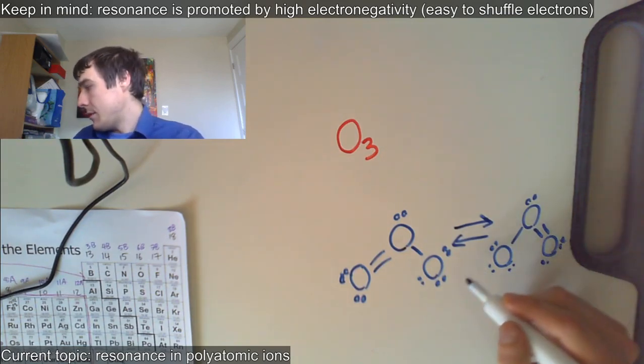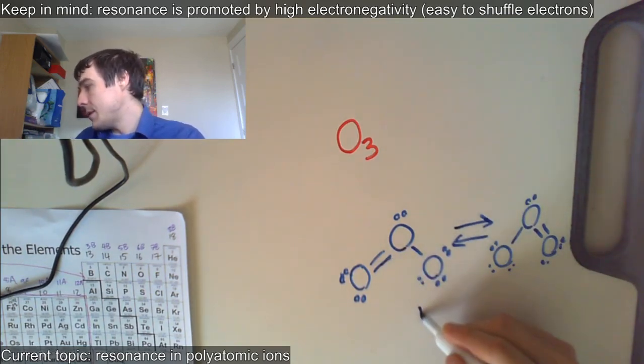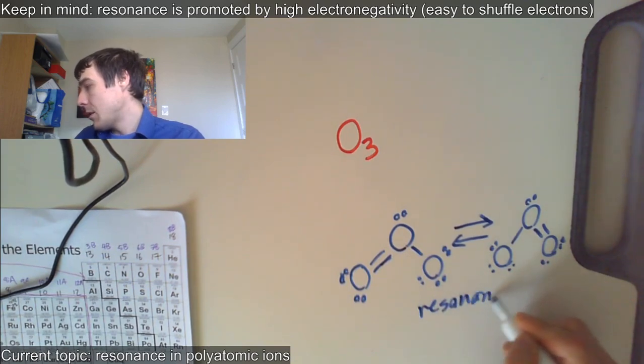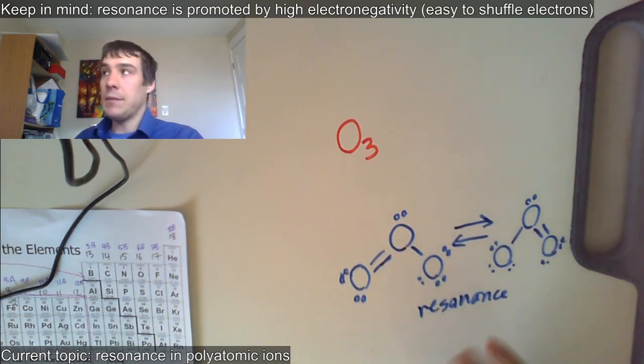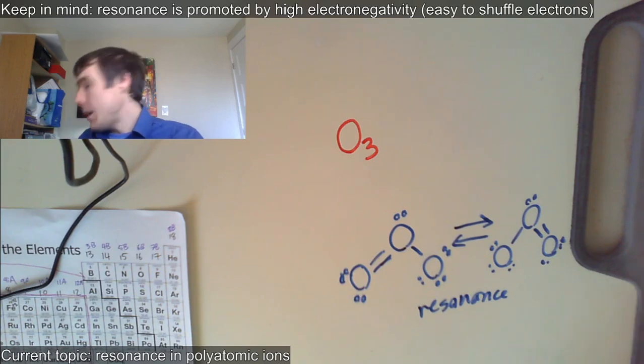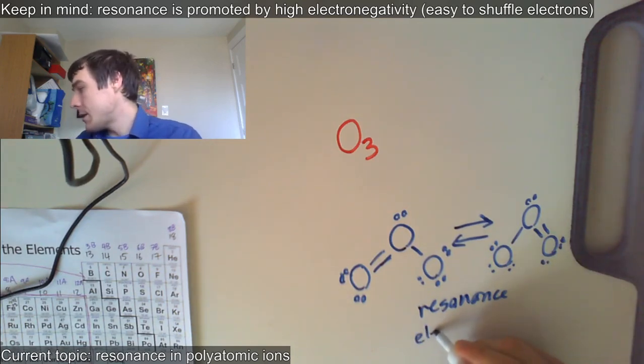And so this is called resonance because they're flipping back and forth. It's also called electron delocalization, or a delocalized electron.